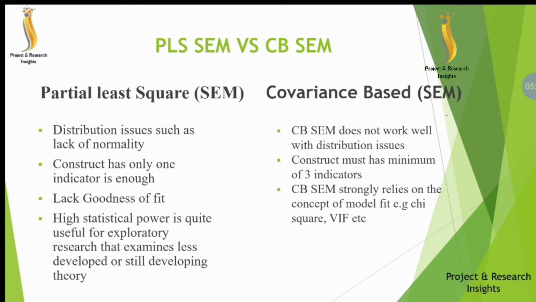It doesn't mean that covariance-based has low statistical power, but when we compare PLS and covariance-based, then we need to prefer partial least squares SEM. CBSEM has less statistical power as compared to PLS-SEM, and PLS-SEM also treats secondary data well.